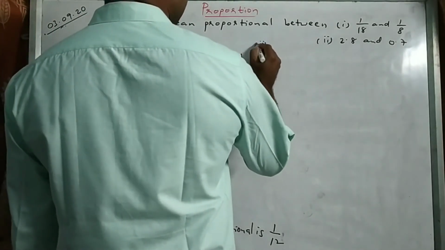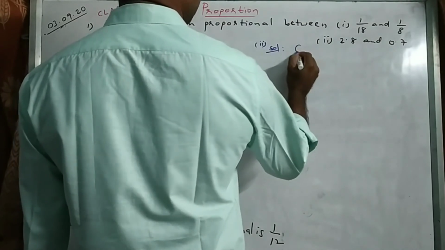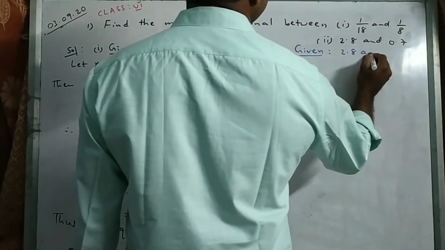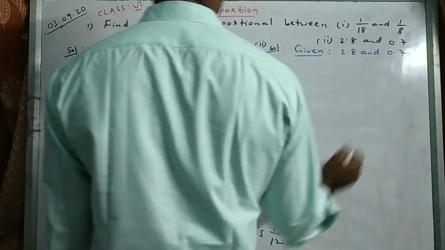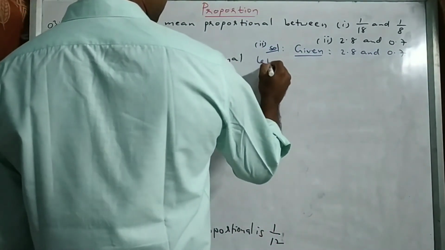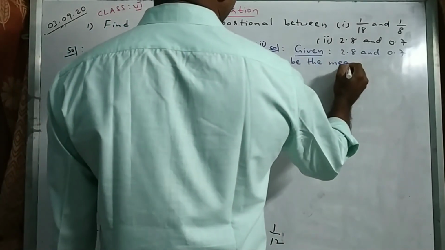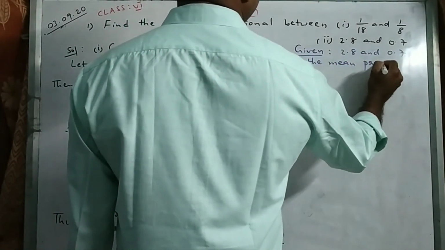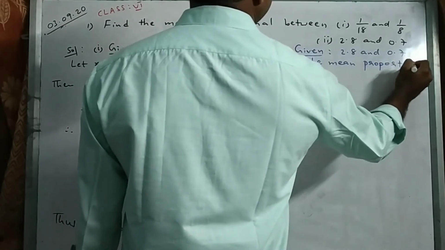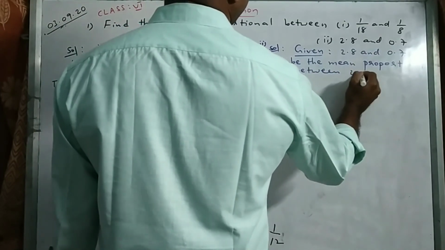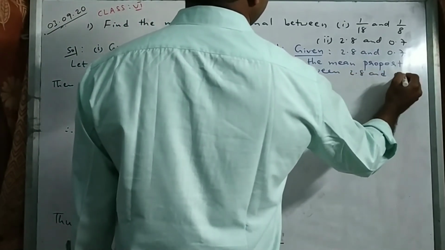Similarly, I'll explain this also. See, what are the given numbers here? 2.8 and 0.7. Let x be the mean proportional between 2.8 and 0.7.